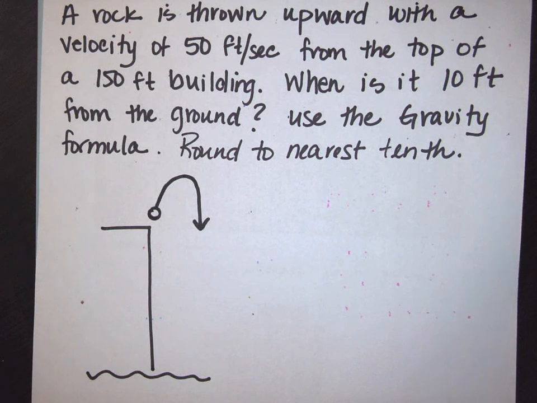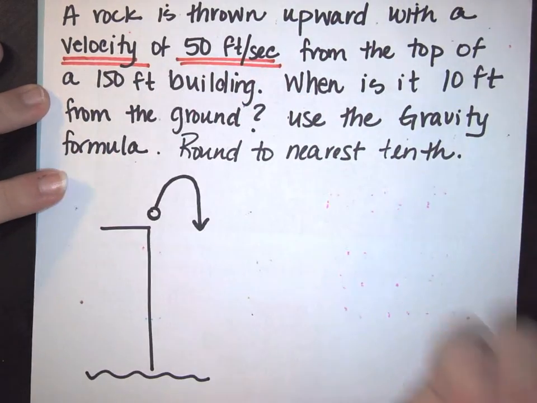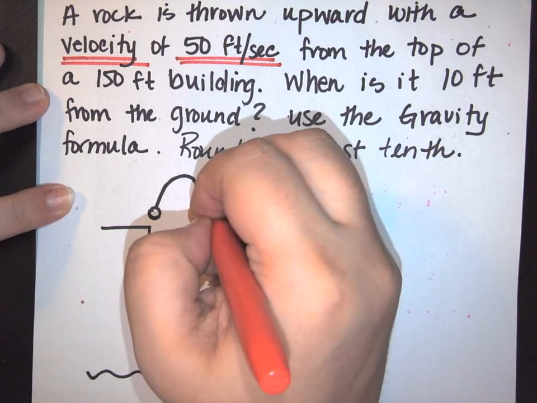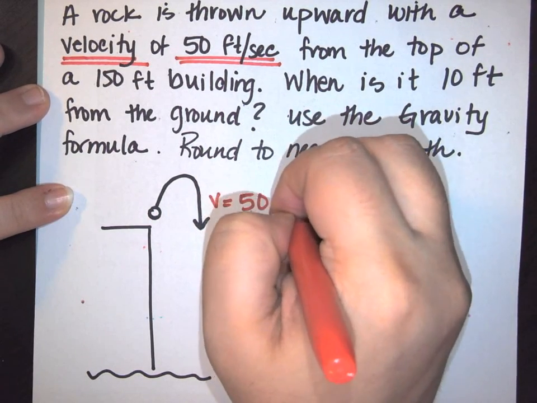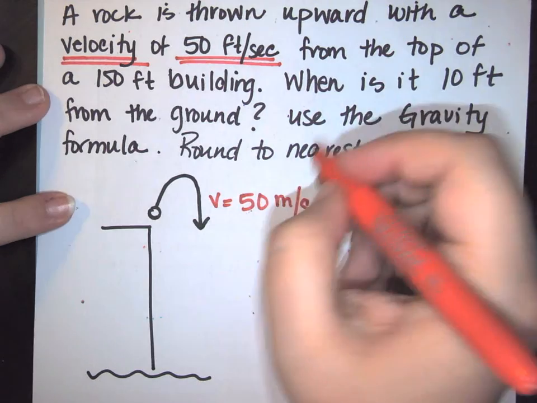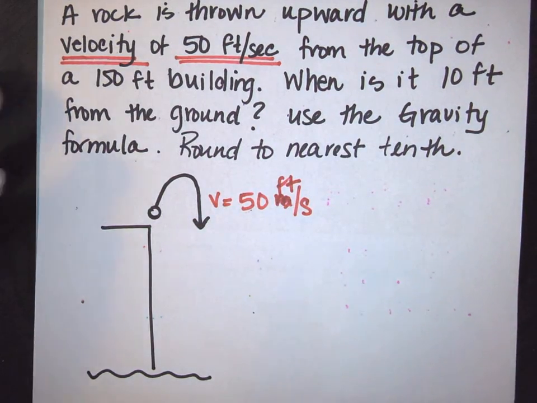Now, some of the information that we know: we know that you have the velocity of 50 meters per second. So this means that my velocity here is 50 feet per second. Big difference, big deal. Feet per second.